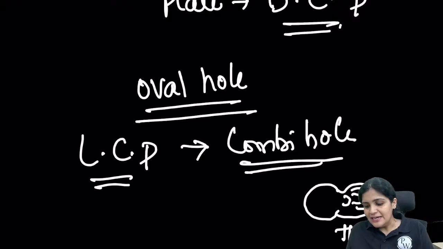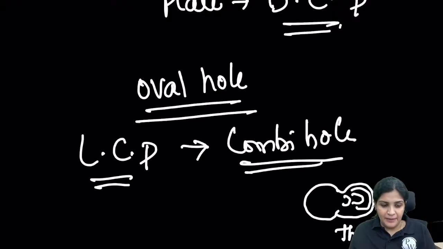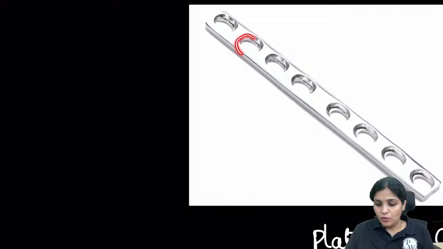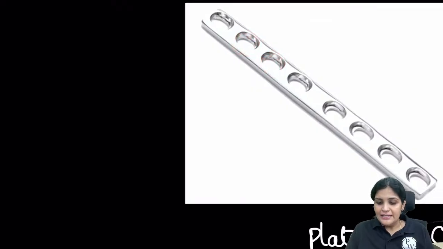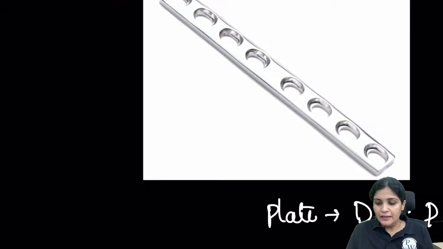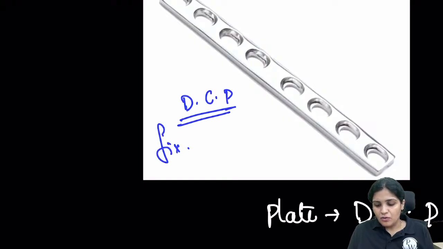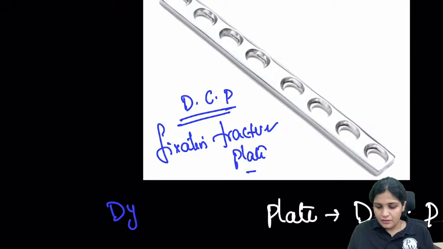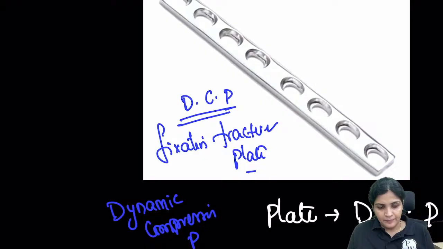Whenever you see the threads, you identify it as a locking plate. Whenever there are no threads, it is plain like this and you see only an oval hole, this is your DCP, the dynamic compression plate, and it is used for fixation of fractures. Okay, is that clear?